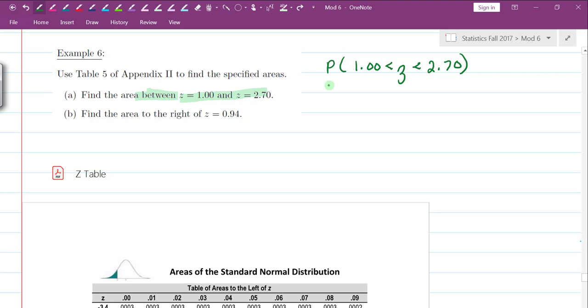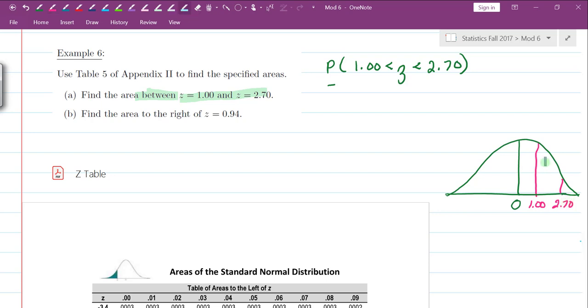So this is going to be equal to, let's draw a picture. Pictures in my class are worth a lot of points, so draw a picture of what we're looking for here. We have the mean in the center. We have a value here of 1.0, and another value of 2.70. We are looking for this area in here.